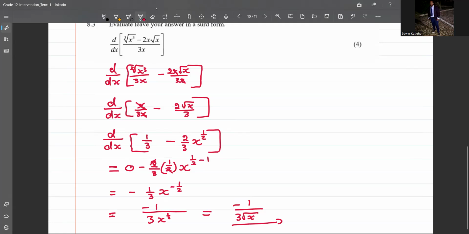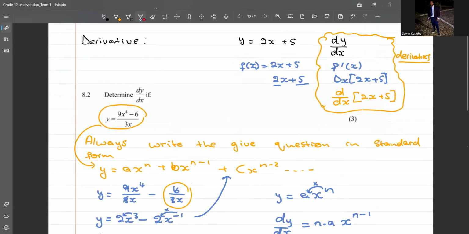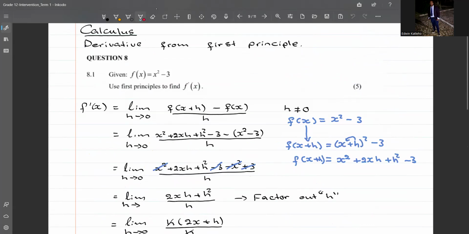All right. So these are the 3 main questions that I wanted us to discuss today. Let's just do the recap and look at different types of questions under derivatives and calculus. The first one is finding the derivative of an expression or of a function from first principles.